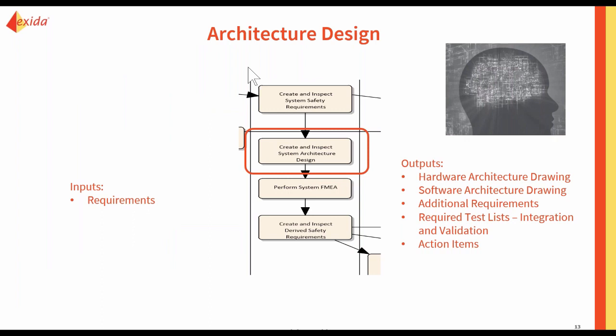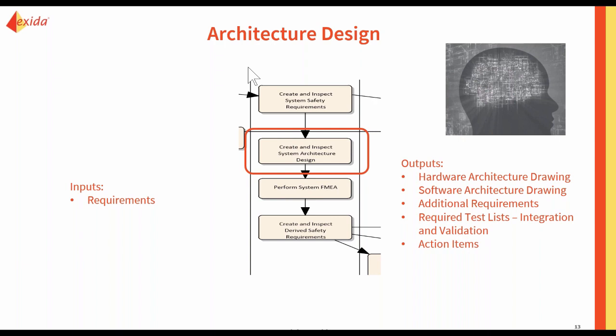What's it going to take for this architecture design? What are the inputs for this particular step? Requirements. What are the outputs of this particular step? Well, typically we have a hardware architecture drawing, a software architecture drawing, additional requirements, updates to the original requirements documents. Many of us call those derived requirements, and perhaps and often required test lists, both integration tests and validation tests.